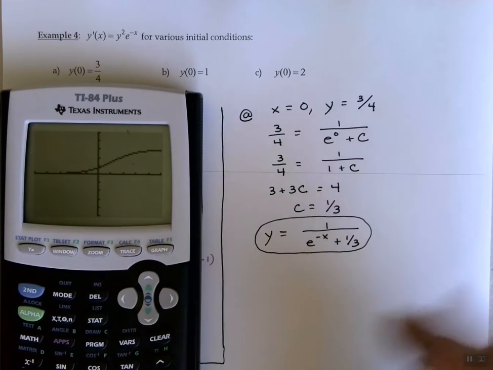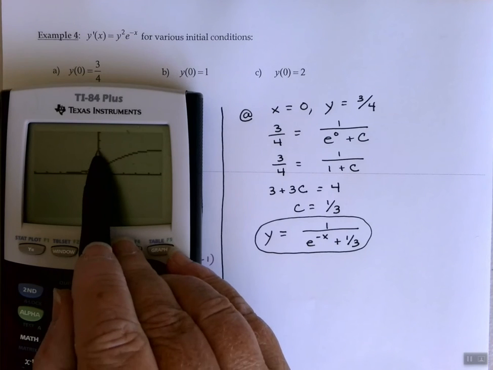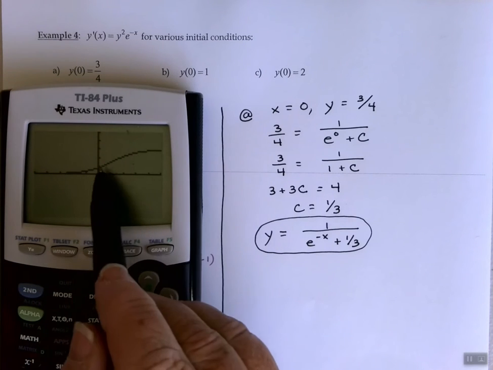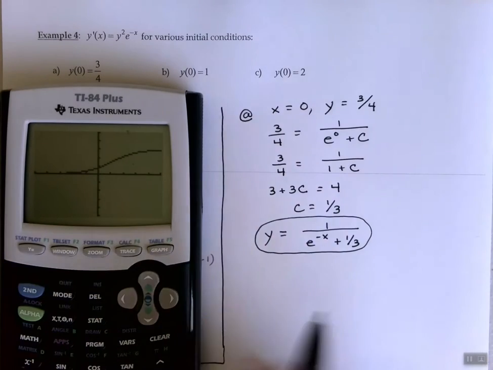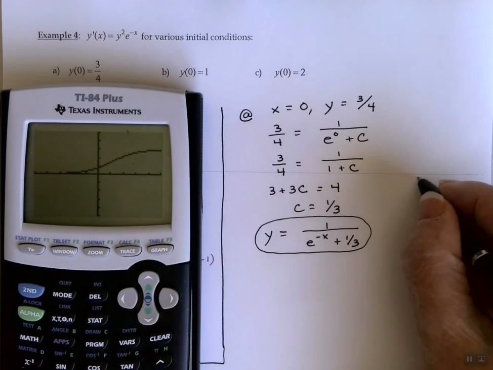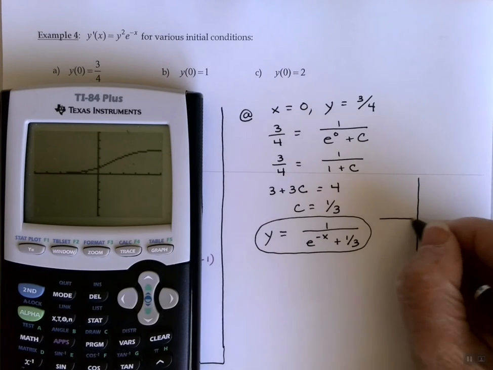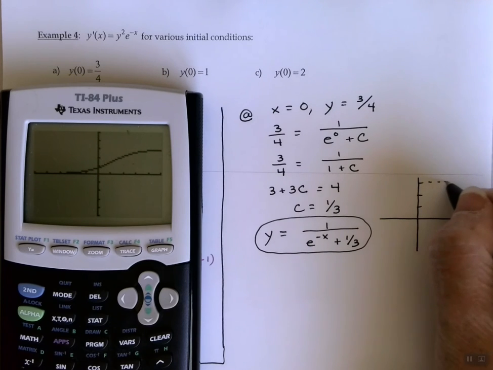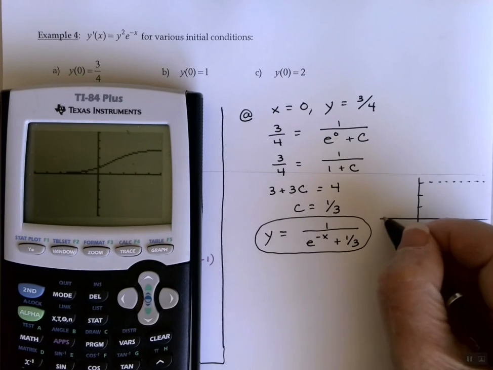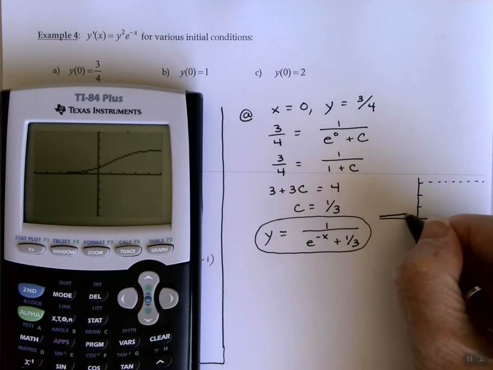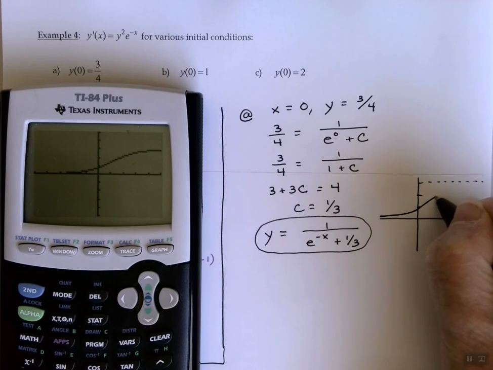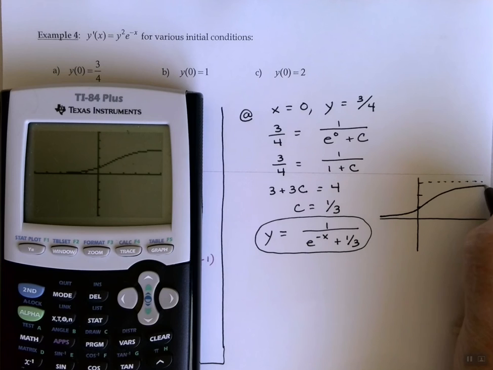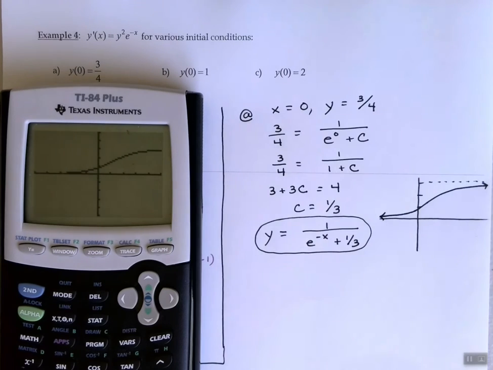The graph that I'm getting looks like it may be leveling off at about 3 rather. 1, 2, 3. So what I'm seeing here is something that looks like this for my particular solution.